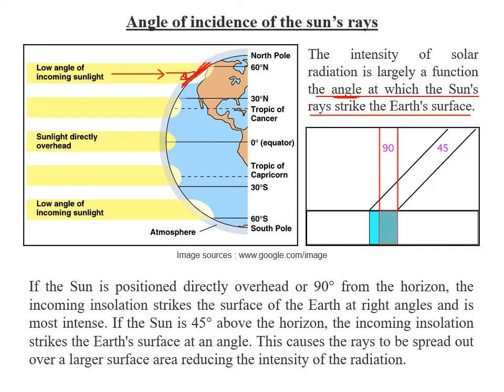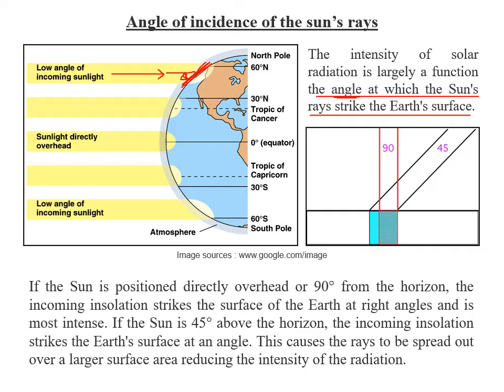The higher the latitude, the lower the sun's altitude, and the radiation energy will be dispersed over more area.